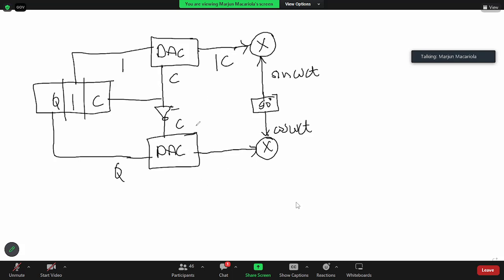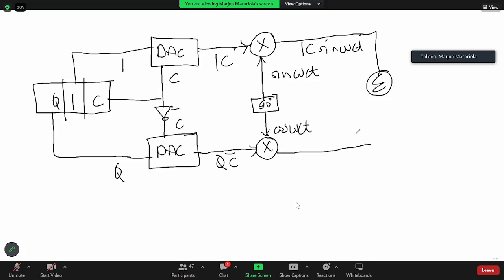Dito naman sa baba, ang magiging output ay QC not. Okay? Then, using a product detector or product modulator, ang magiging output dito sa labas ay IC sin omega CT. Ito, linear summer yan. So, dito, ang magiging output ay QC not cosine omega CT.